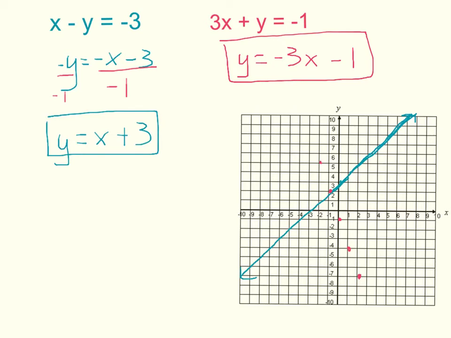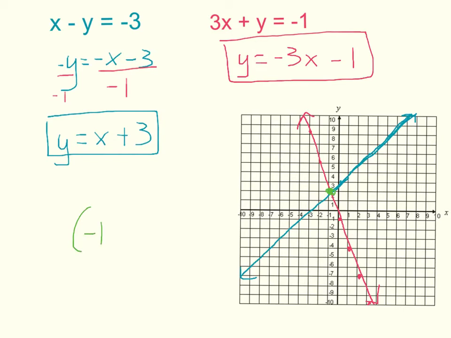So when you're doing this, it is important that you're very precise with your lines. And mine is off just a little bit, but if you connect this, I know it's not perfect on my graph, but they do actually cross perfectly at the point negative 1, 2.